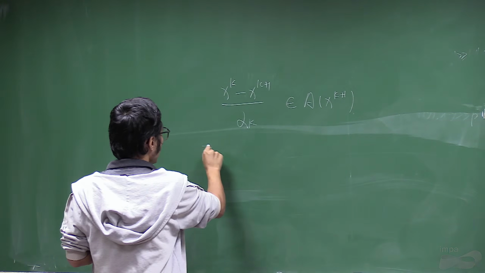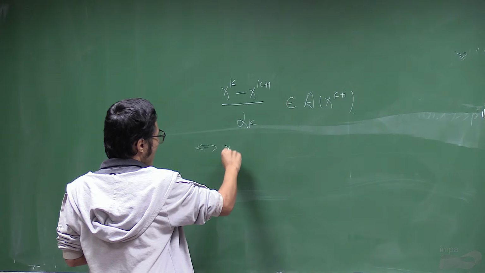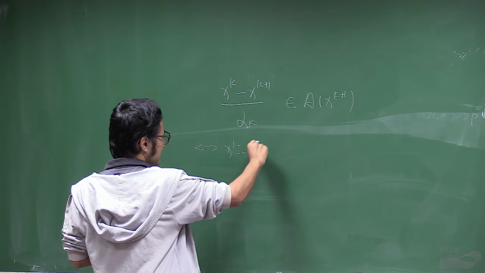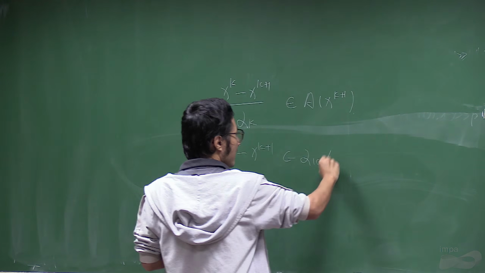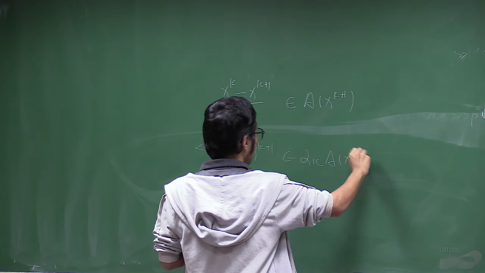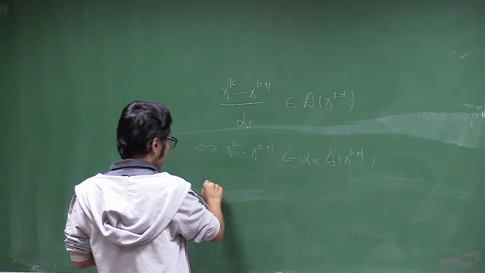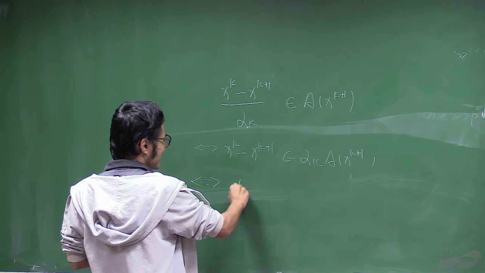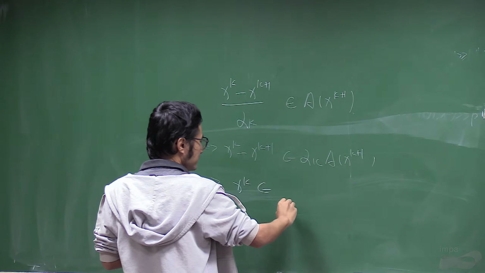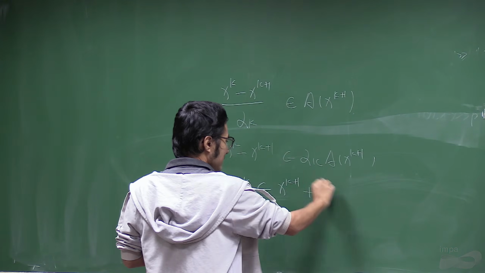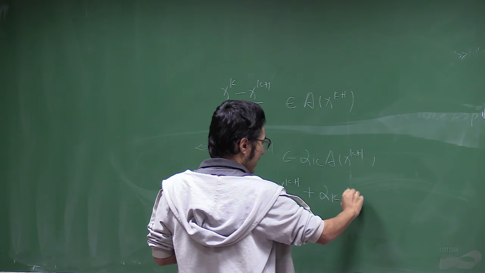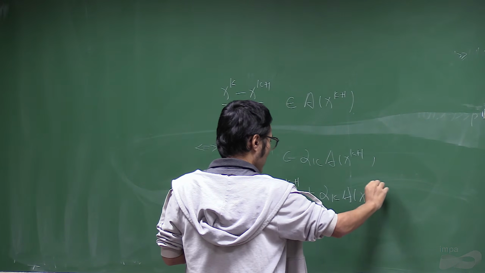So this is equivalent to x_k minus x_{k+1} belongs to alpha k A x_{k+1}. So it is equivalent to x_k belongs to x_{k+1} plus alpha k A x_{k+1}.